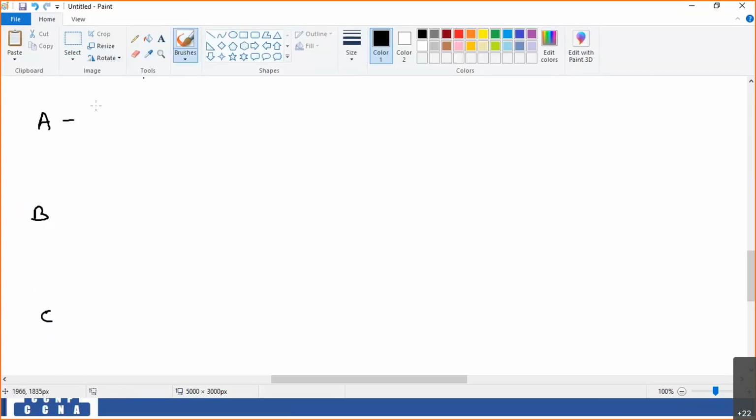Class A range is 0 to 127, and 0 is the global ID, 127 is the loopback ID. Let me take 1 to 126. Class B range, 128 to 191. Class C range, 192 to 223.